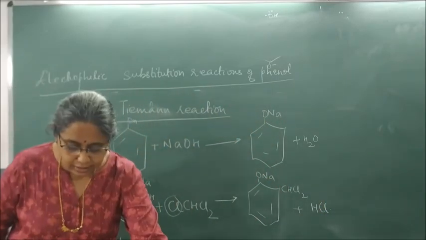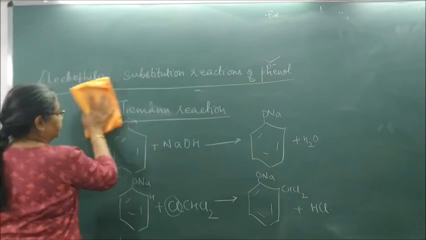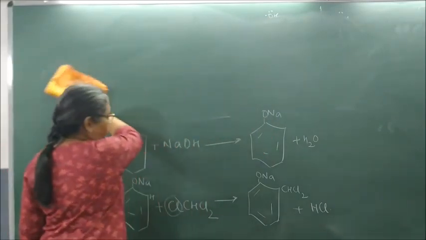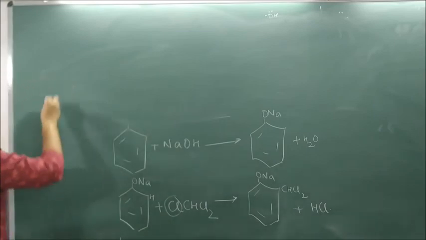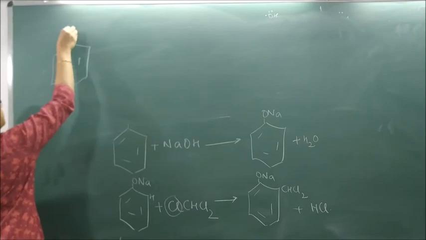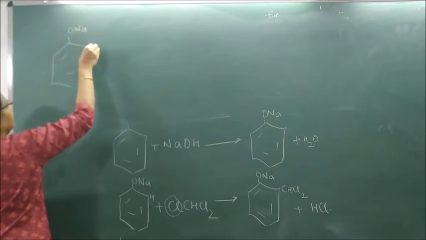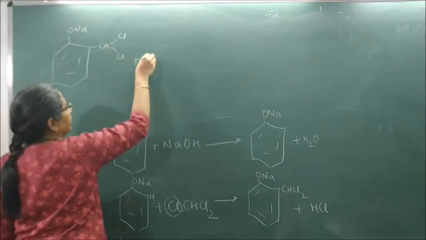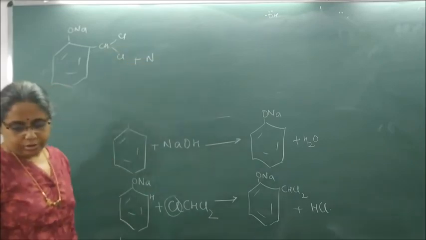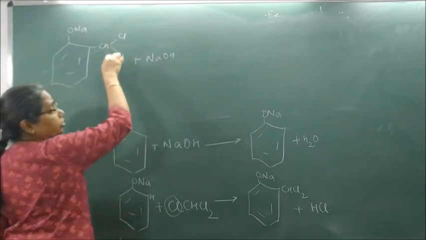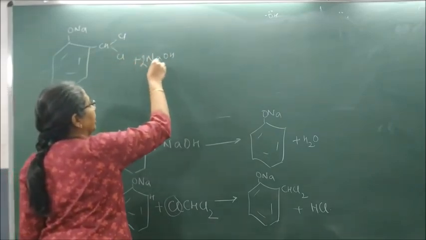Now in the third step, when this ONa and CHCl2 reacts with NaOH, how many NaOH are required to remove Cl? 2 NaOH.